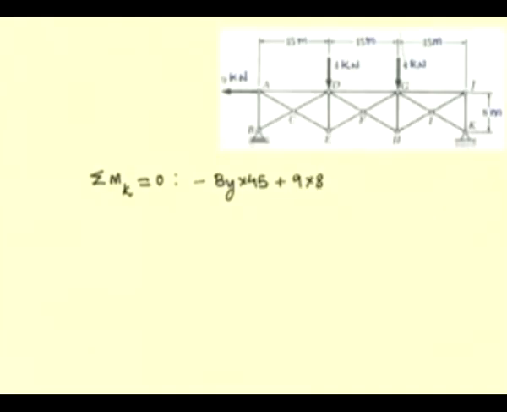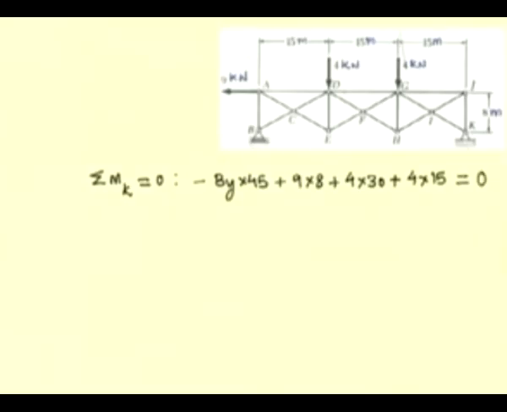The moments of these 4 kilonewton forces at D and G are also counterclockwise about K and thus they are positive moments. So, we add them: 4 into the moment arm of this, which is 30 meters, plus the moment arm for this 4 kilonewton force, which is 15 meters, and we equate this to 0.